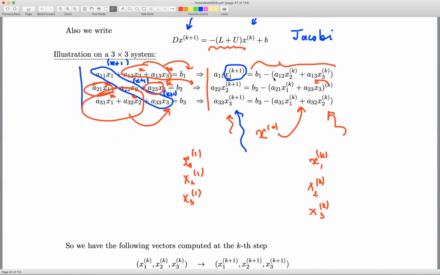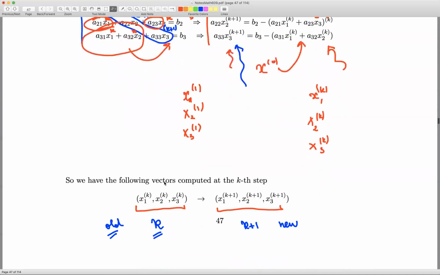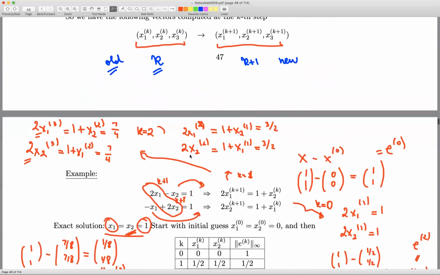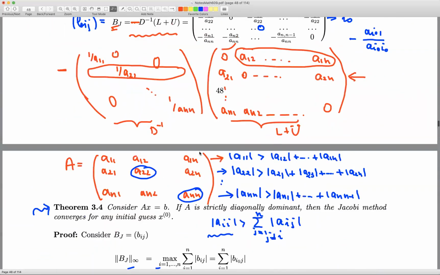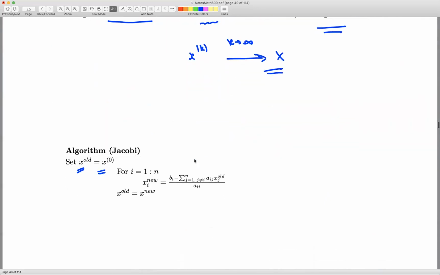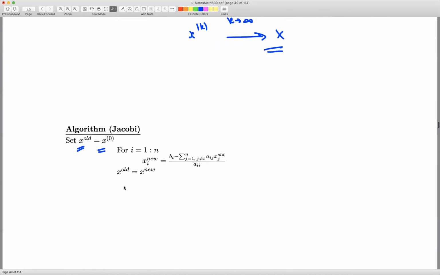This is the right-hand side minus the entries of the matrix multiplied by the corresponding coordinates of the old version of the vector, but you don't have a11 times x1, so all the elements that are off the main diagonal, and then you divide by a11. You can see that this is exactly what the algorithm is doing. And then once you do that, the old becomes new.